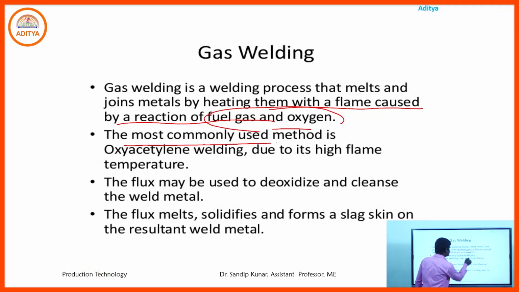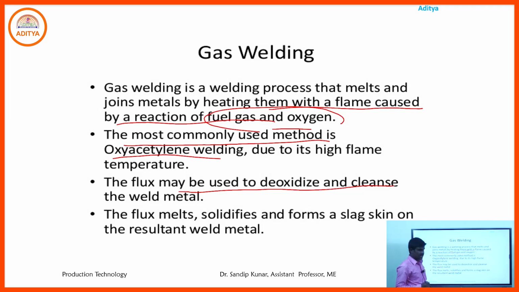The most commonly used method is oxyacetylene welding due to its high flame temperature. Using fuel gas and oxygen, it creates high temperature that helps to melt the parent metal. Flux may be used to deoxidize and clean the weld metal.